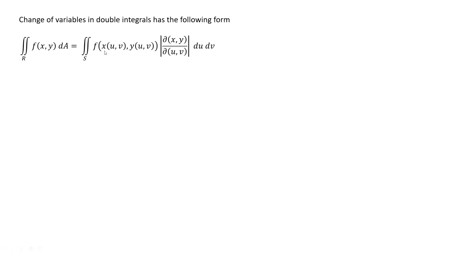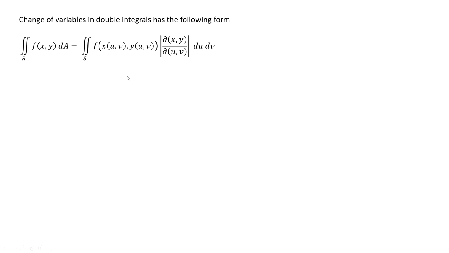By that you should understand he actually means x is equal to some g of u comma v. Similarly, y is a function of u comma v. That means y equals some h of u comma v, right? So we have transformed x and y into variables u and v using some particular functions.